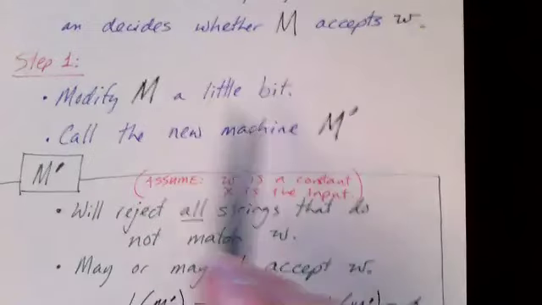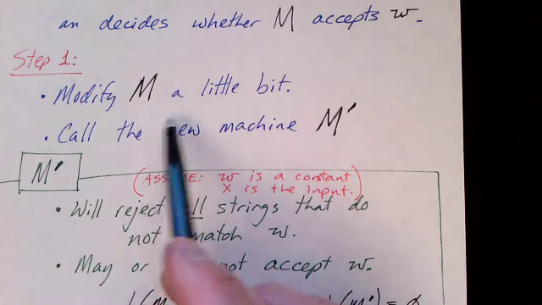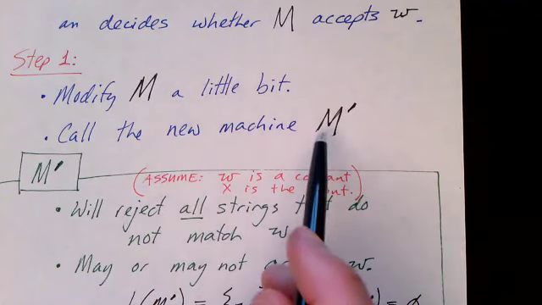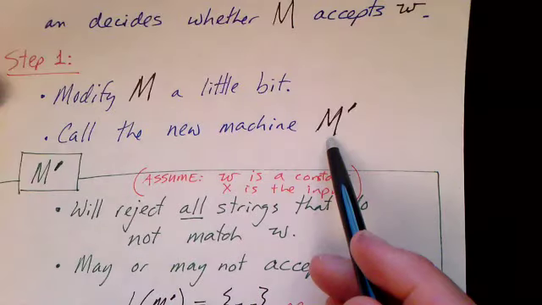So the first thing it does is take the Turing machine M, whose description is part of the input, and modify that Turing machine a little bit. It doesn't run it, it modifies it. And we're going to denote the new modified Turing machine M prime.